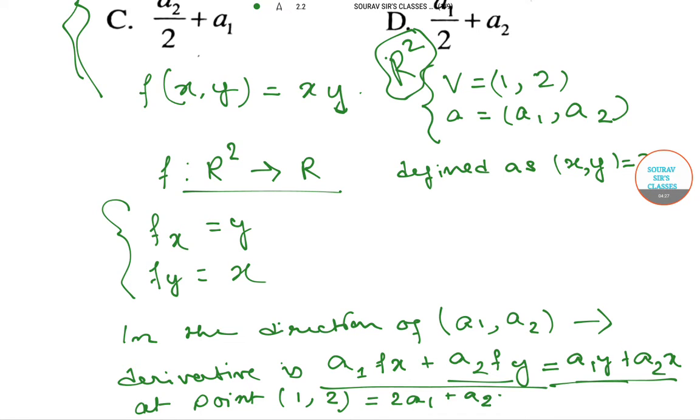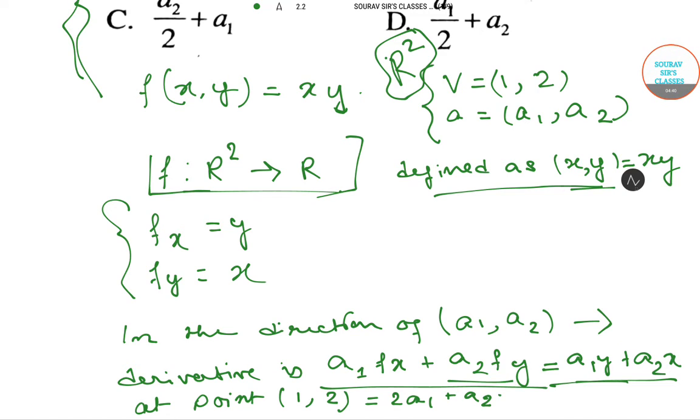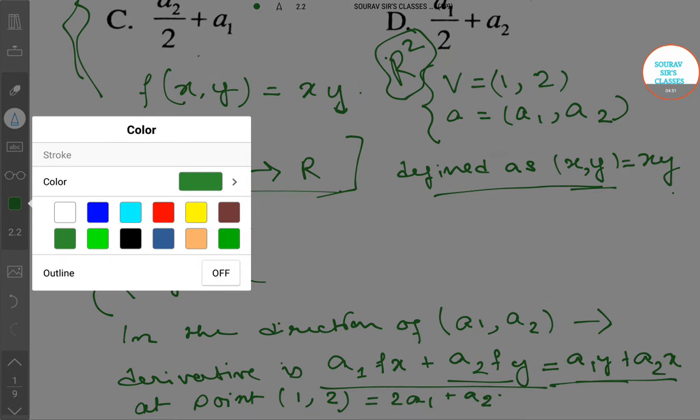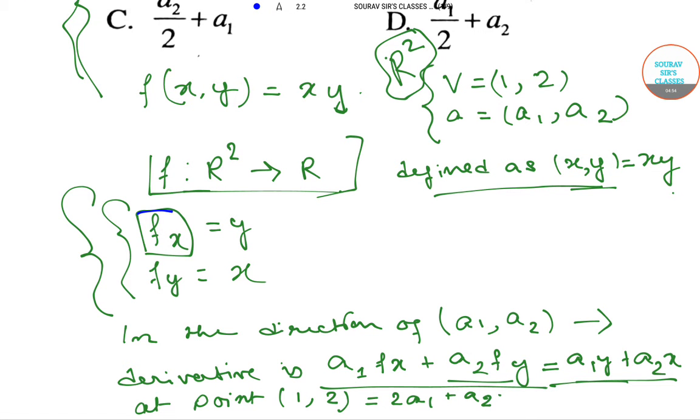So if we just look at this question again, we know this is a function of real numbers, defined as f(x, y) equals x multiplied by y. Now we can write it this way: fx equals y, and fy equals x.